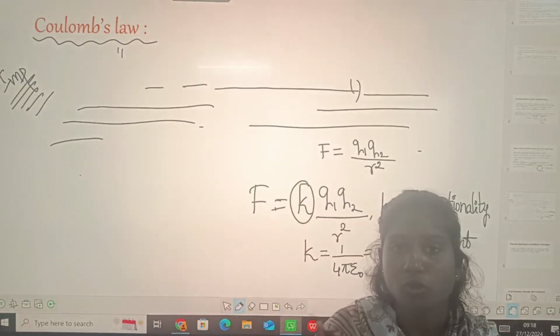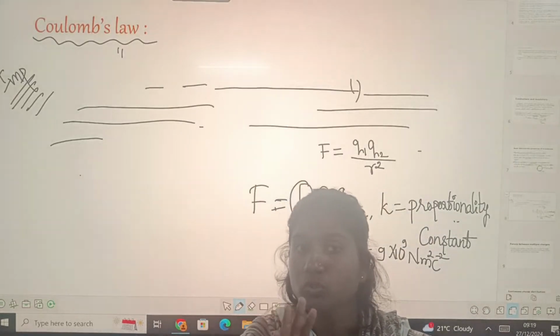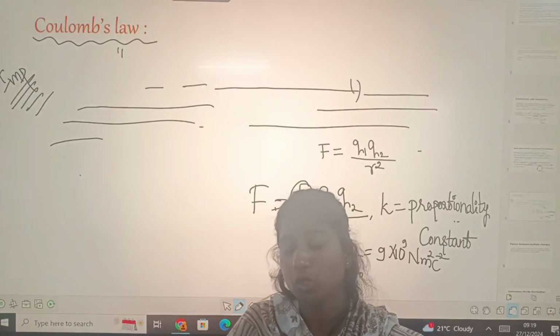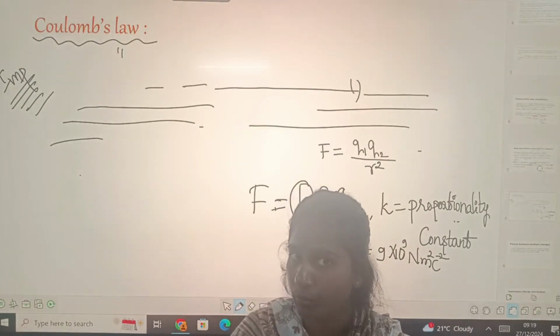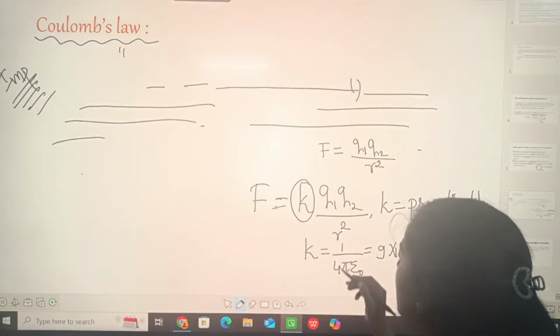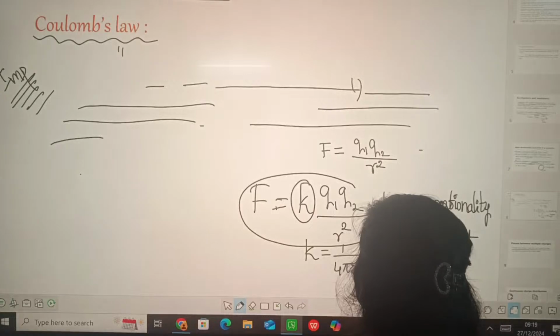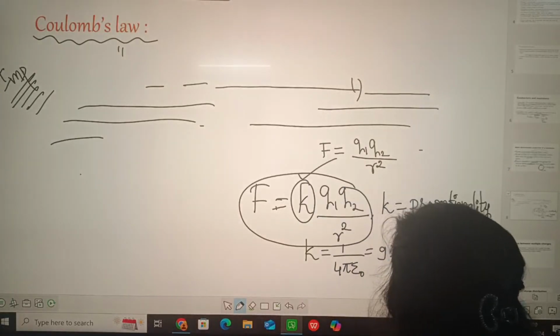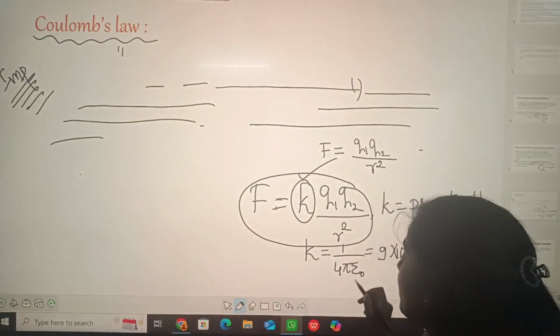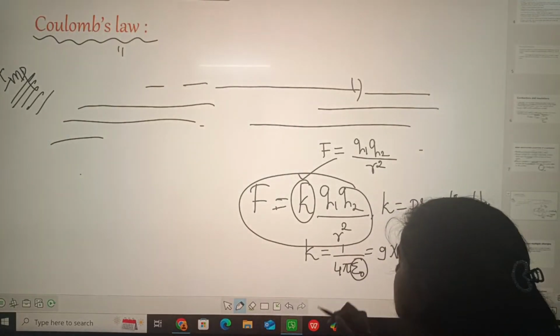See, what is Coulomb's law? The electrostatic force between the two charges Q1 and Q2 is directly proportional to the product of the two charges and inversely proportional to the square of the distance between the two charges. So, I have derived this one. And what is K? K is the proportionality constant whose value is equal to 1 by 4 pi epsilon naught. What is epsilon naught then?